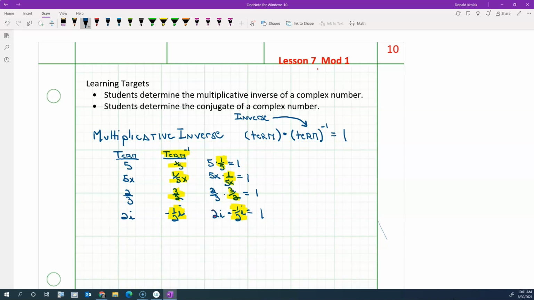Okay, let's try, let's see. Okay, the multiplicative inverse of i.